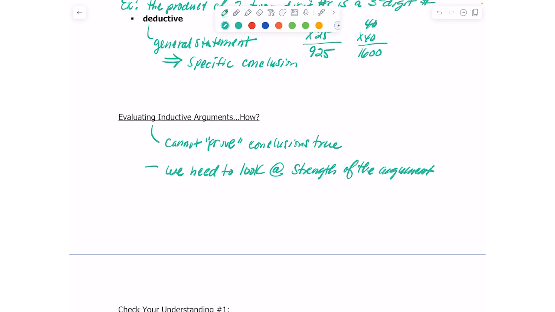Okay, so when we're looking at the strength of an argument, you're either going to have a strong argument or you're going to have a weak argument.